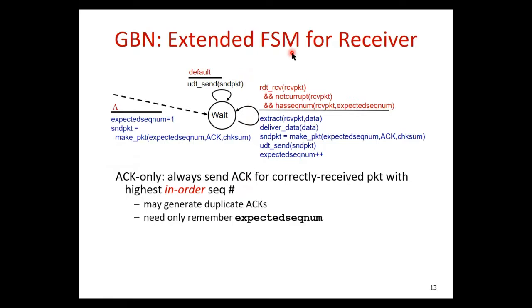At the receiver it's pretty simple, because it only needs to remember this one variable, the expected sequence number. So the receiving window for Go-Back-N is of size 1. You only have one number in the receiving window, which is the expected sequence number.